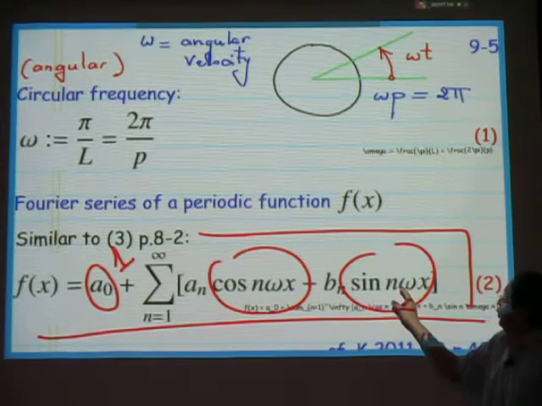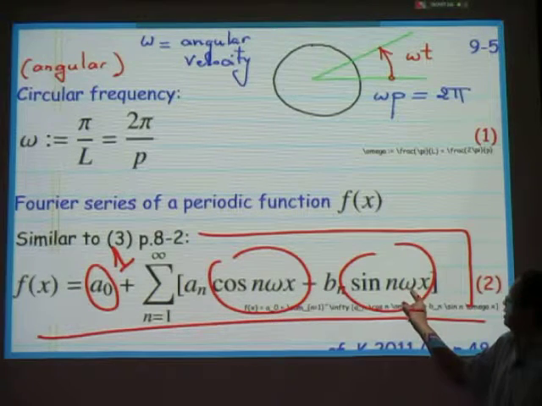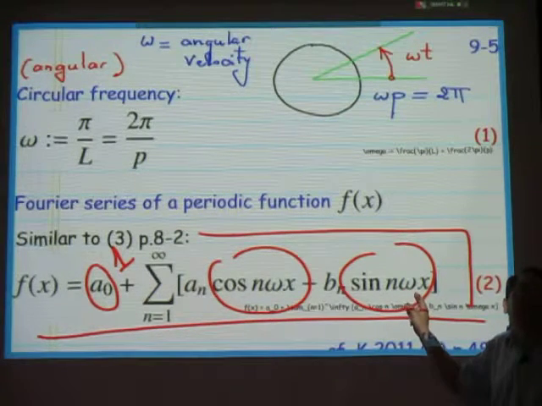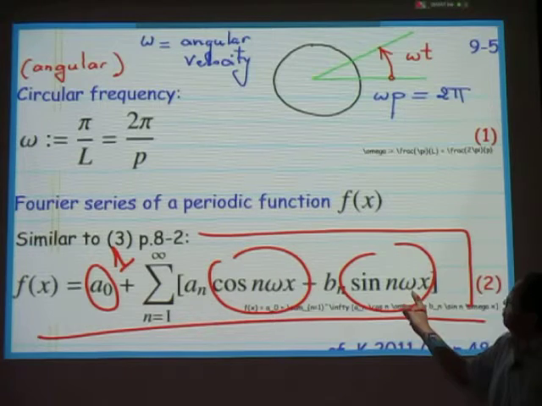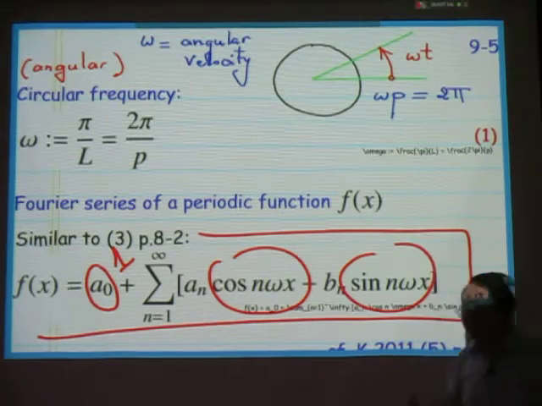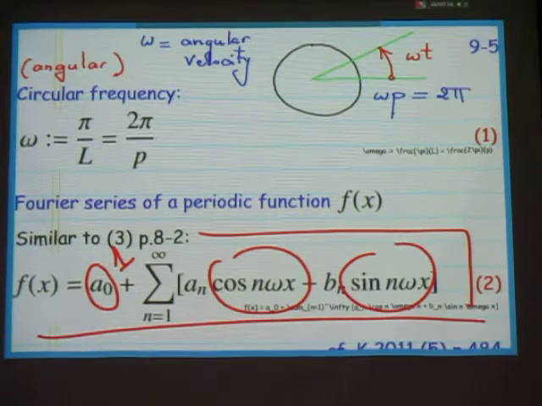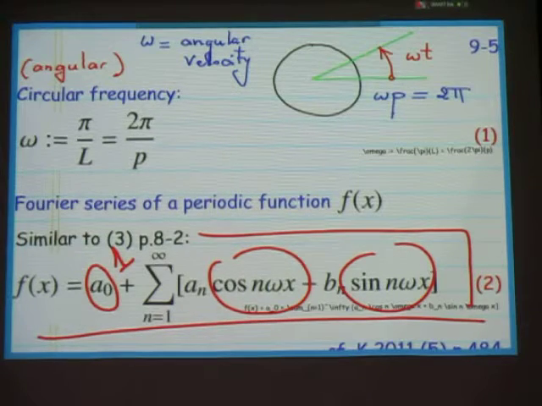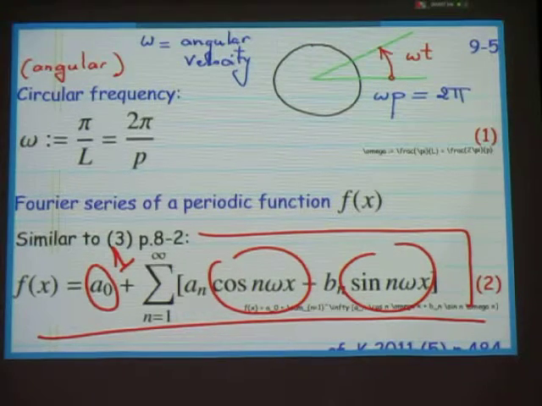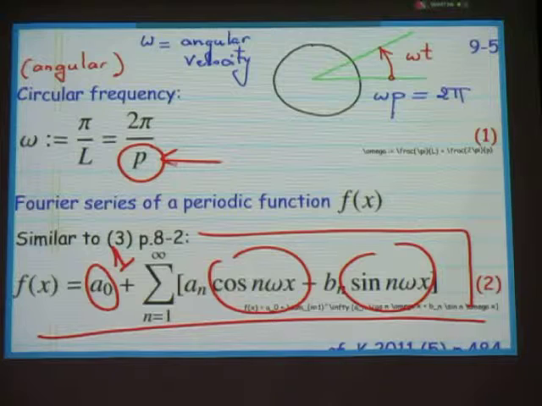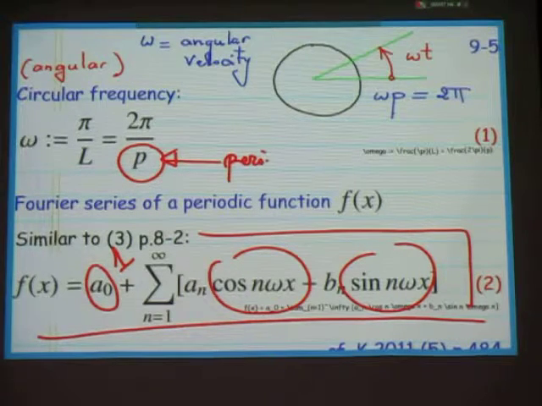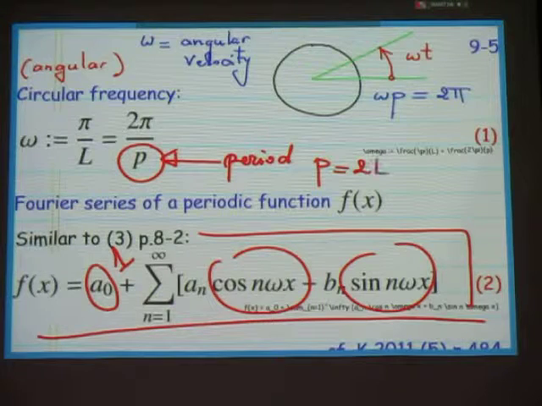Okay, so what you want to keep in mind is that you see omega, the circular frequency, and the way to remember the relationship between omega and the period. P is the period. And P is equal to 2L.